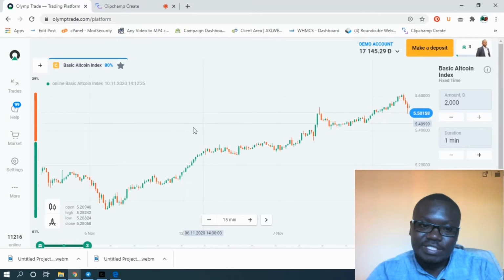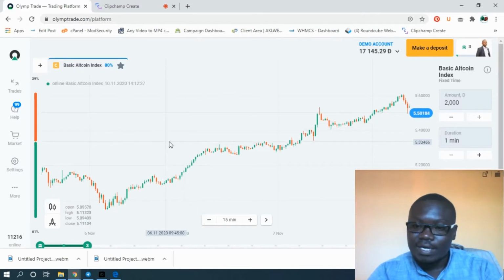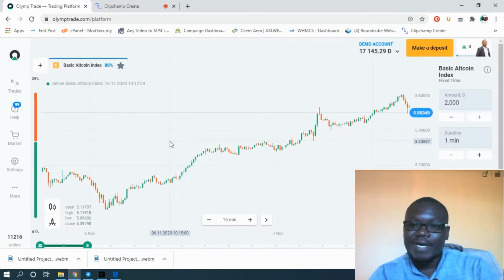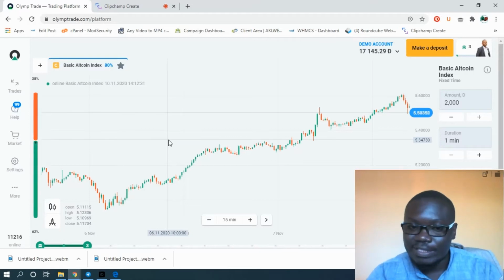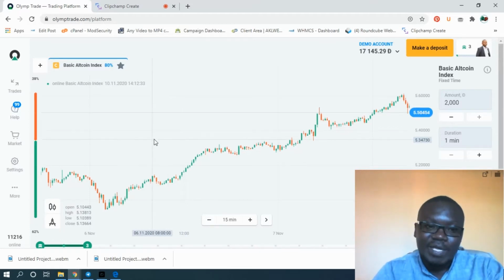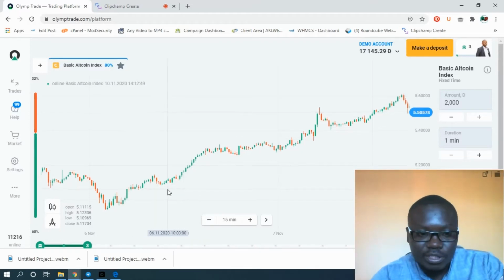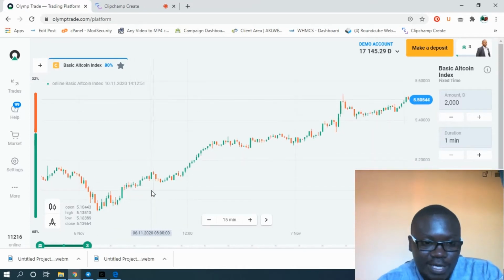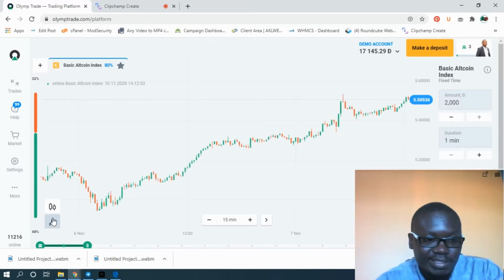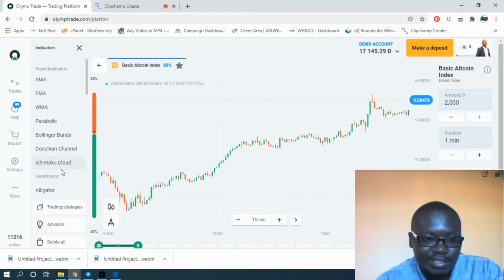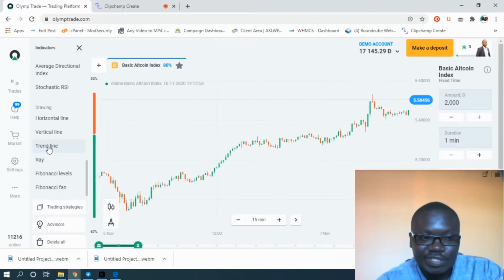The easiest way to identify a trend, if you are a price action trader and you don't want to use any indicators on the chart, is to look for swing points. For example, if you look at this chart here, let's get a trend line that we can use to point those levels.